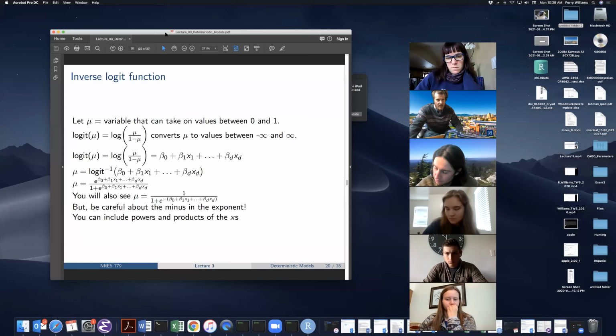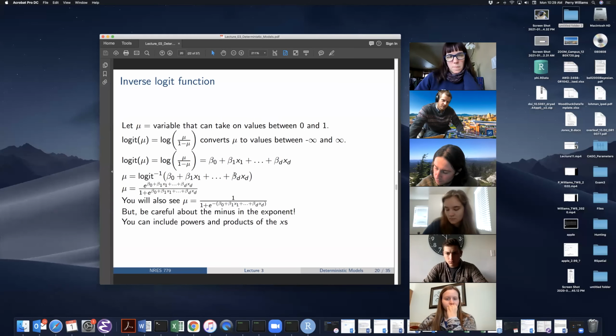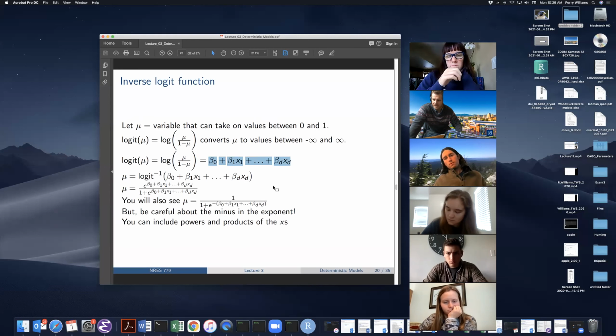Yeah, so if you have a function that looks like this, you're saying essentially as X increases, Y increases, or as X increases, the expected value of Y decreases.